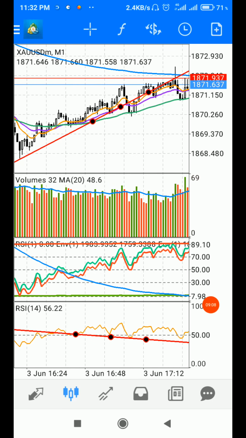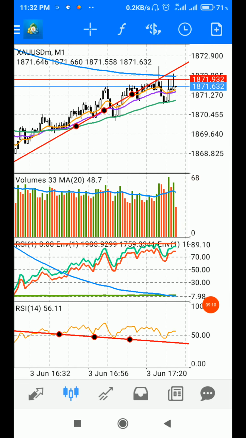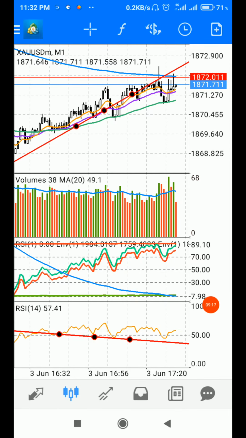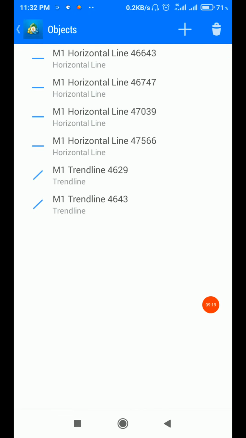So whenever you see hidden divergence, it means price is going much further, much more upward. So that's why price is now hitting upward.